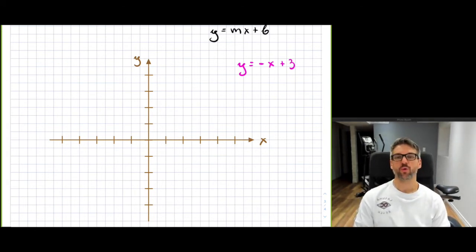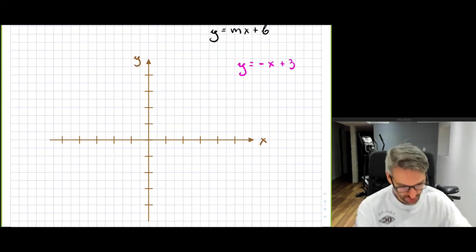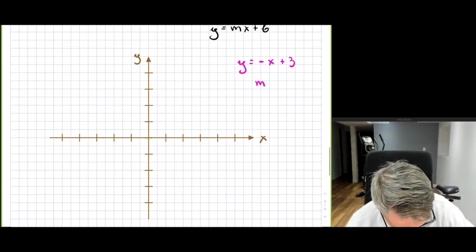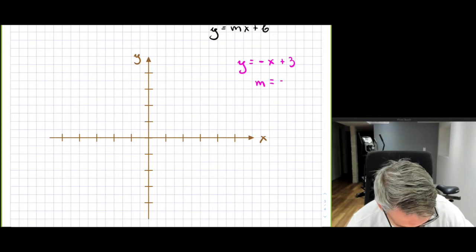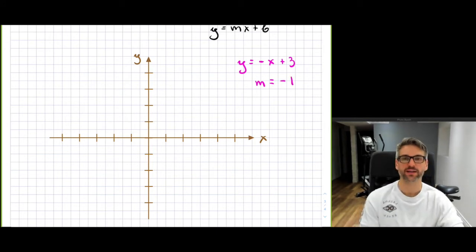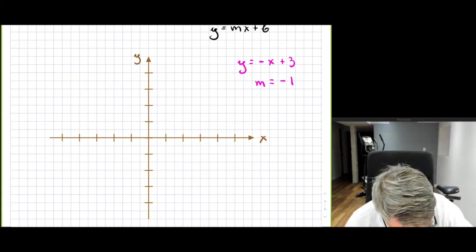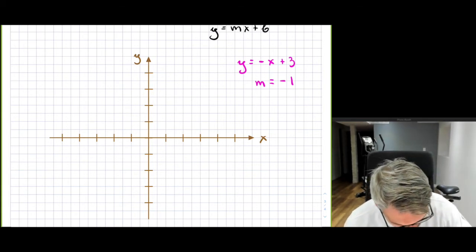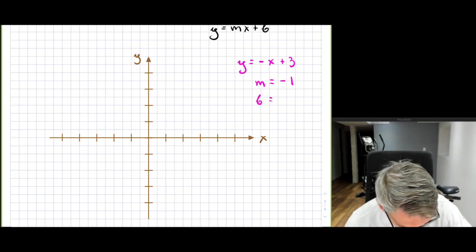That is our y = mx + b form. First, you have to pick out your slope, which is -1, the number in front of the x. In this case, it's negative. You also have to pick off your intercept, and your intercept is 3.